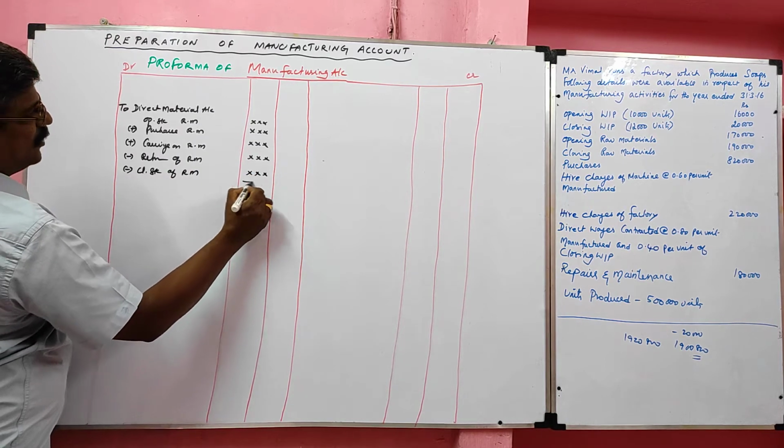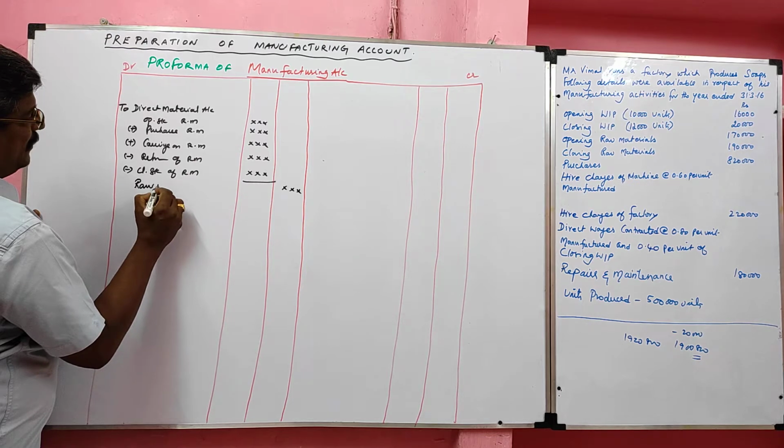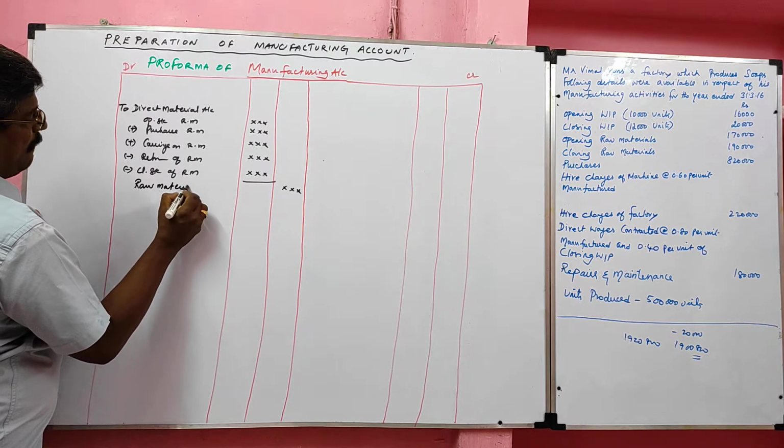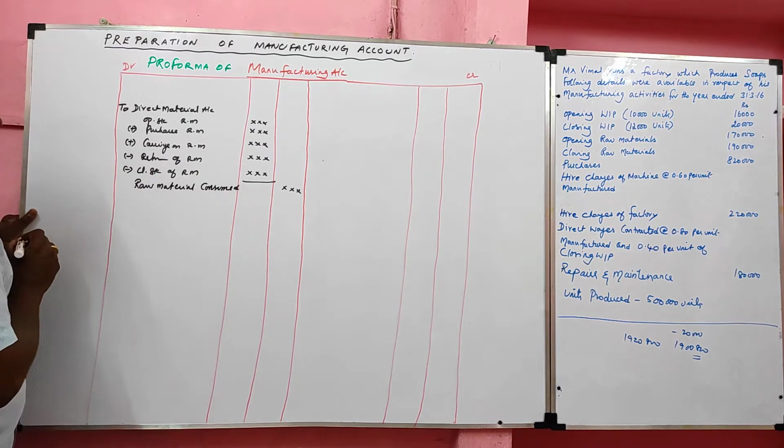We'll get one value that we call raw material consumed or raw material used.